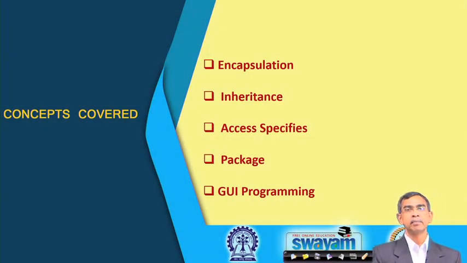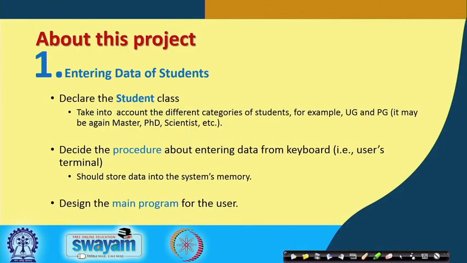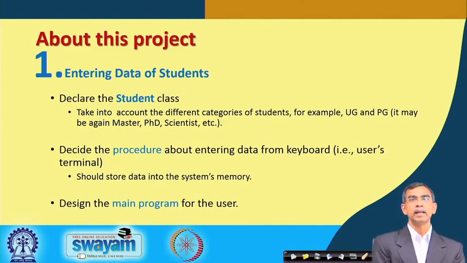Now, let us discuss the idea of the project. Here you have to declare a class, and you can name the class Student. This is because we are going to enter the record or information about a student. So, there should be a class declaration for that.